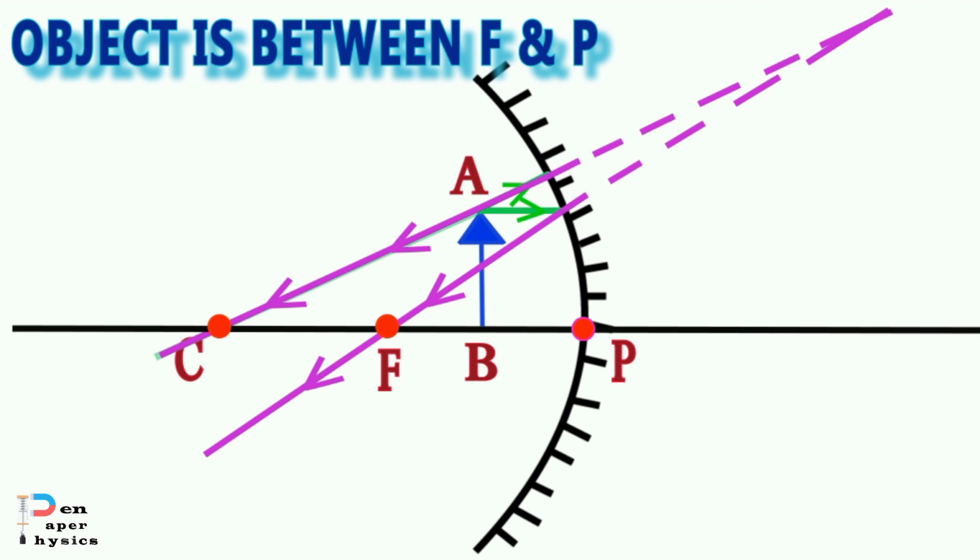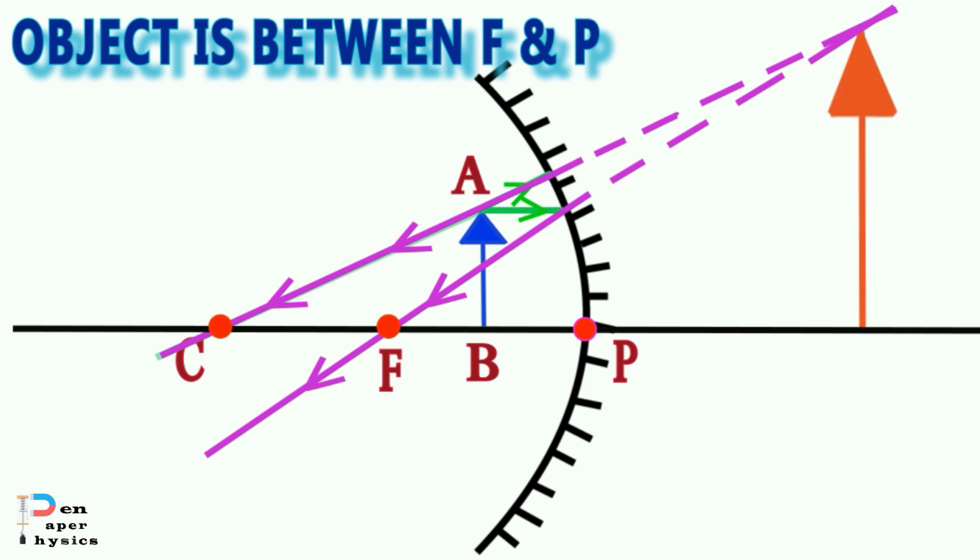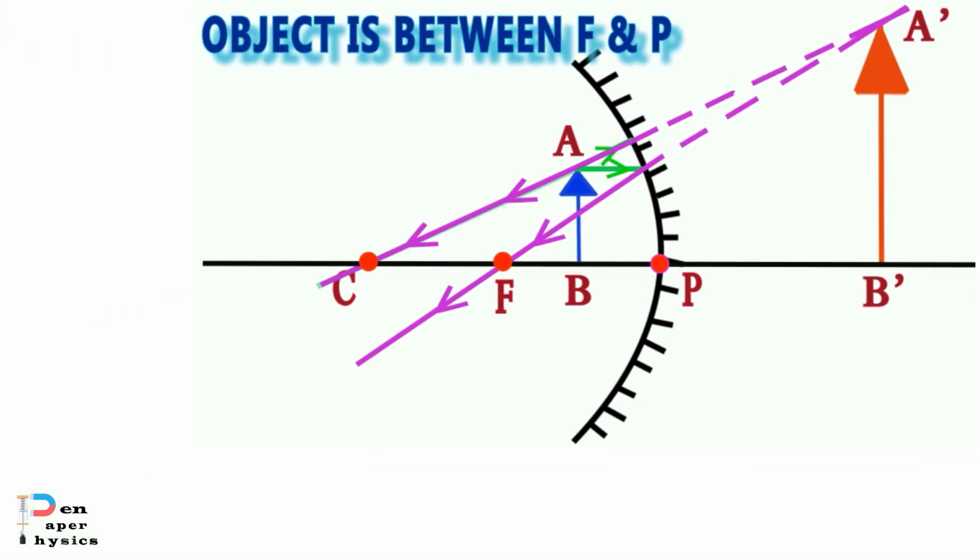That means behind the mirror. But make sure when you extend them backwards, you are not changing the alignment of the light. Where the extended reflected rays meet, there you get the image of your object, A dash, B dash.